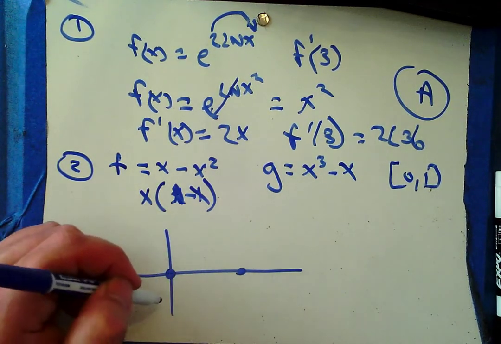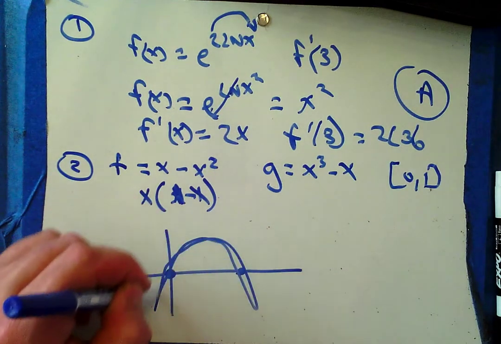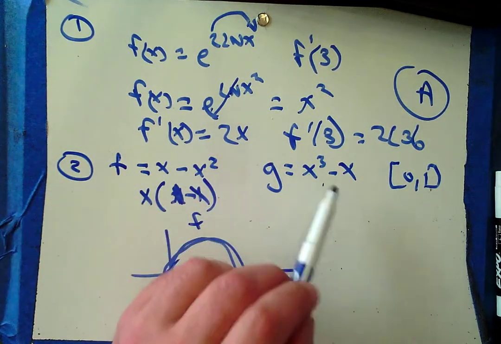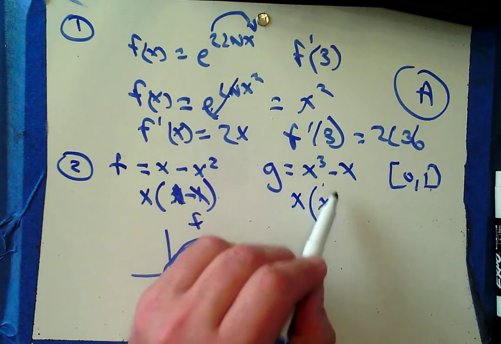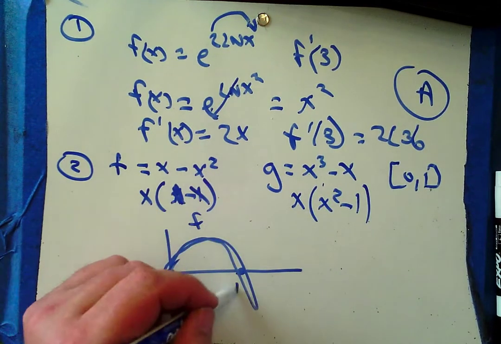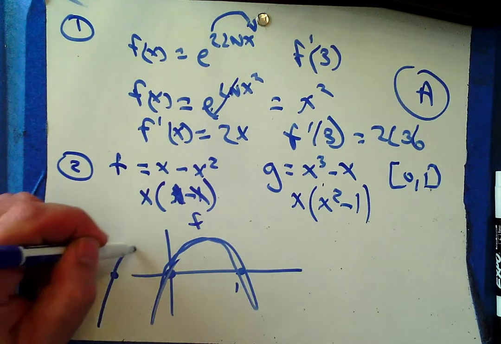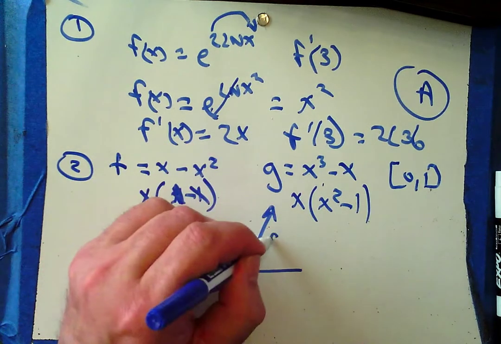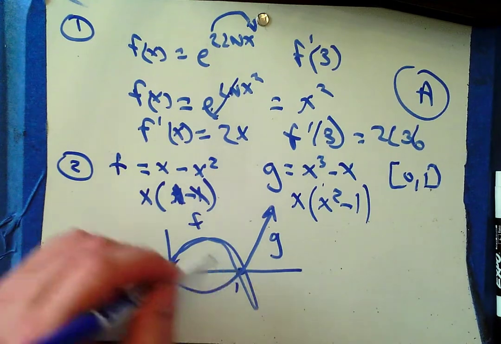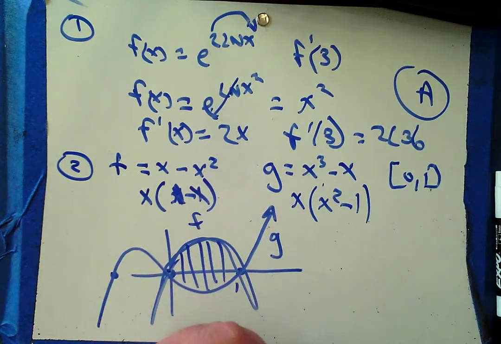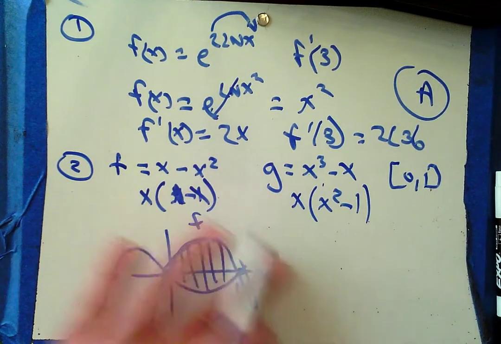Here, downturn parabola. This one is f. And then here, if I pull out an x, I get x squared minus 1, which is there. And it's positive x to the third, so we look like this. There's g of x from 0 to 1. I just need to do top minus bottom, f minus g.